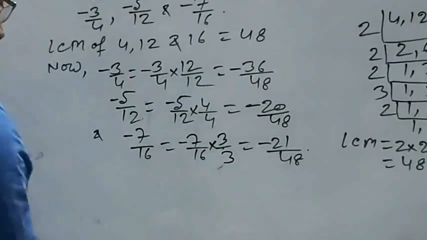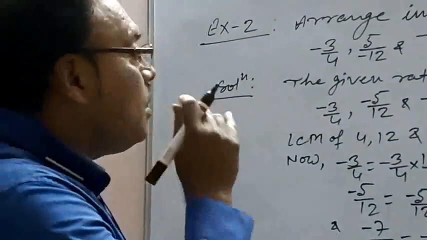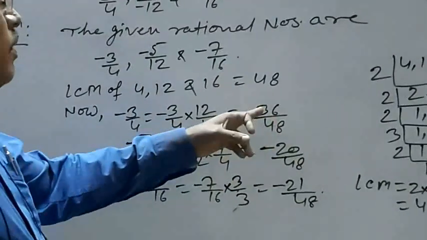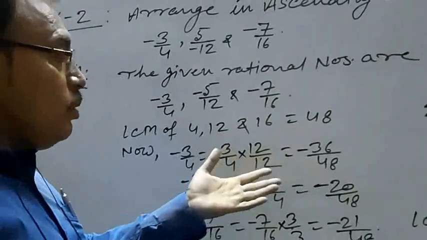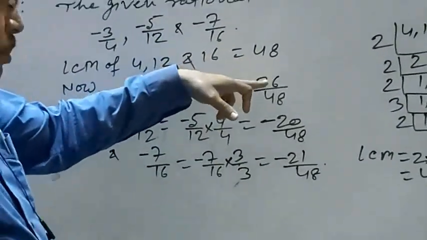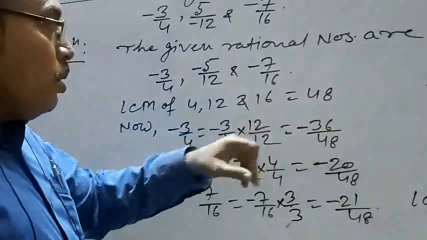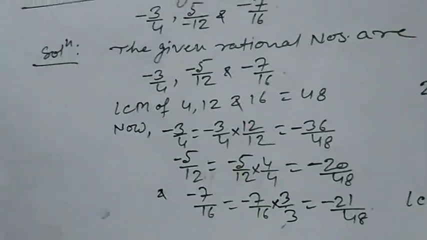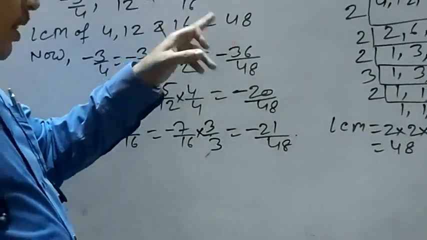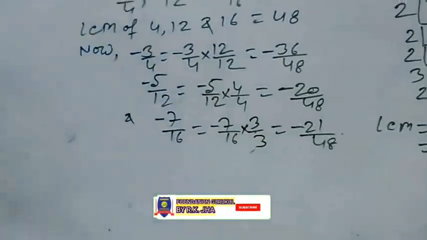Now since we know that in negative numbers, the larger the value, the lesser its actual value will be. Suppose 36 is the larger number, but since a minus sign is attached with it, it has lesser value, and so minus 36 is the least, and minus 21 is the middle, and minus 20 is the greater.